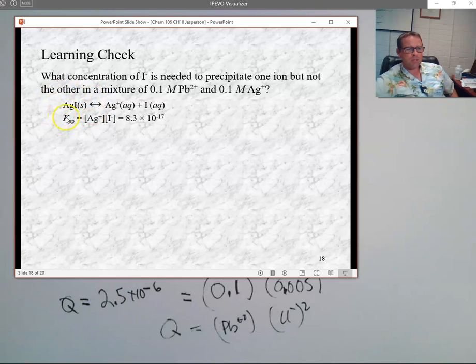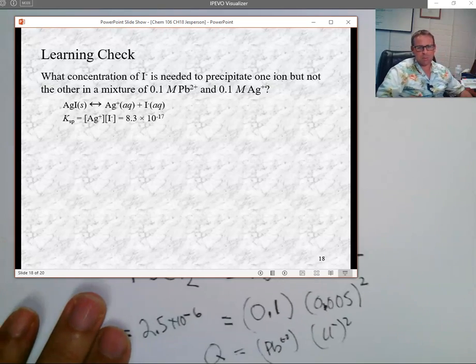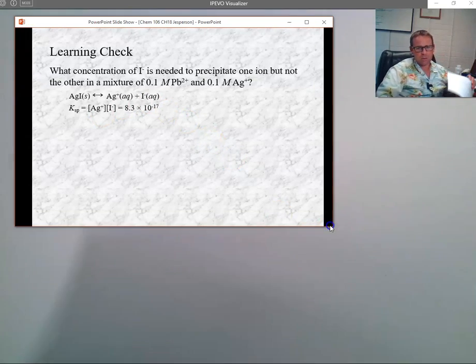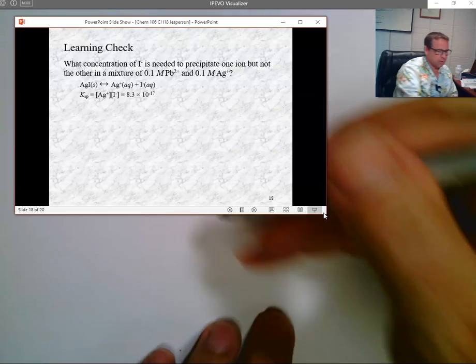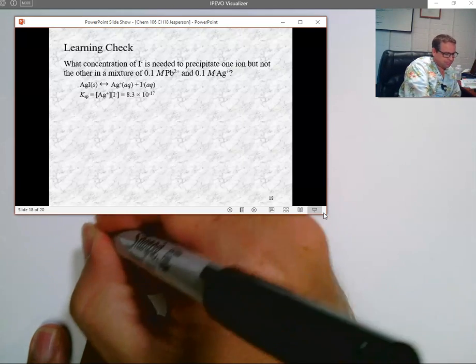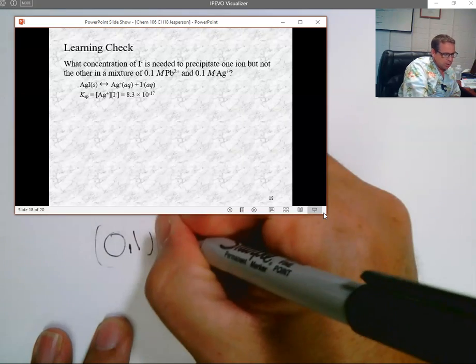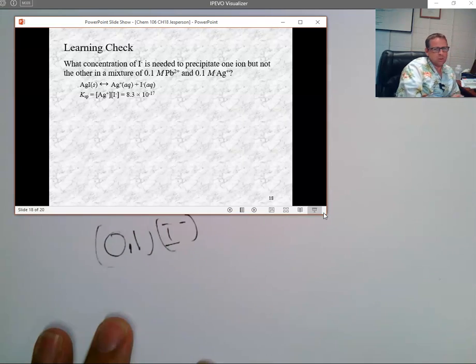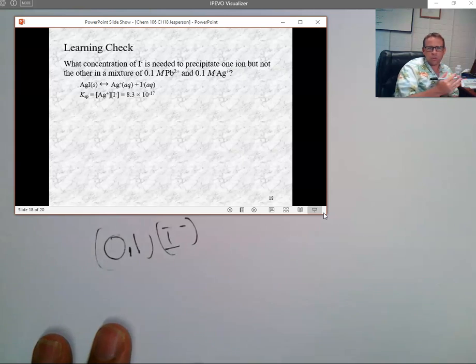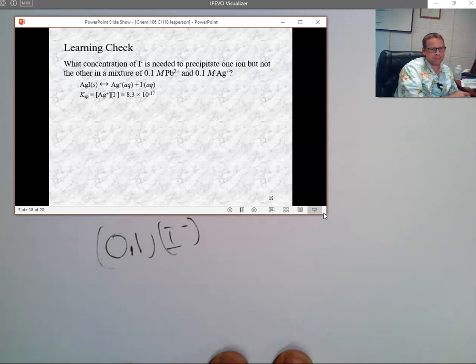So this is the KSP for silver ion. Let's do this on the paper here. If I have 0.1 molar silver ion, what concentration of iodide ion do I need to create a precipitation?